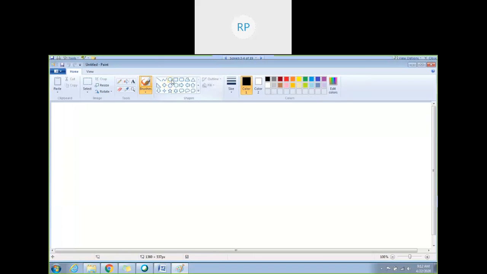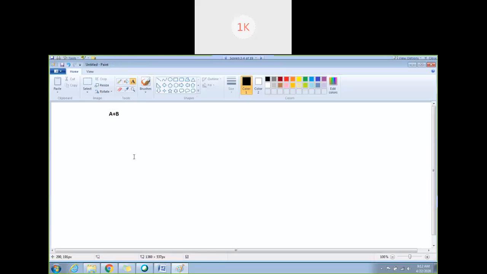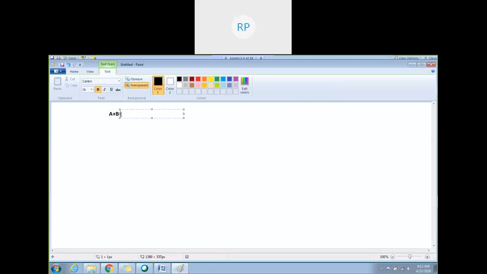Okay. For example, yesterday I have shown, I have an expression like this. I want to construct a binary tree from this.